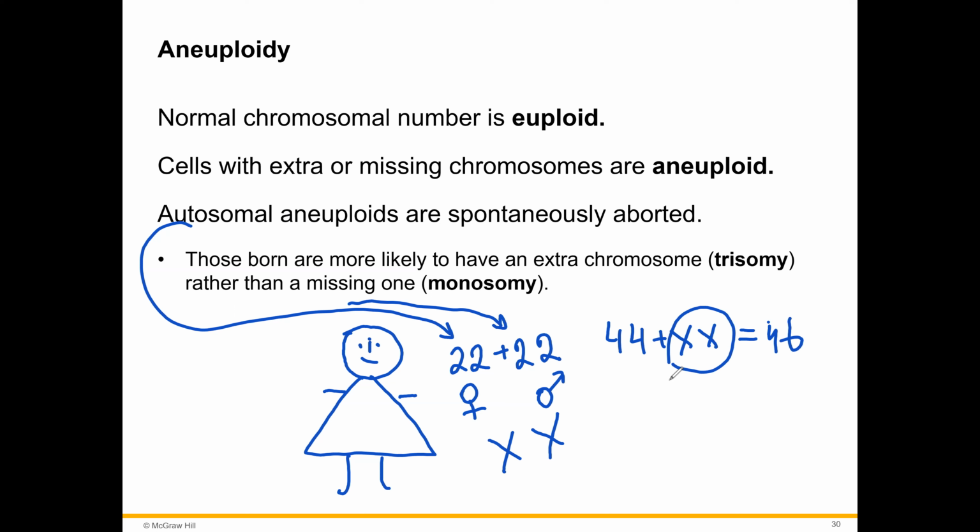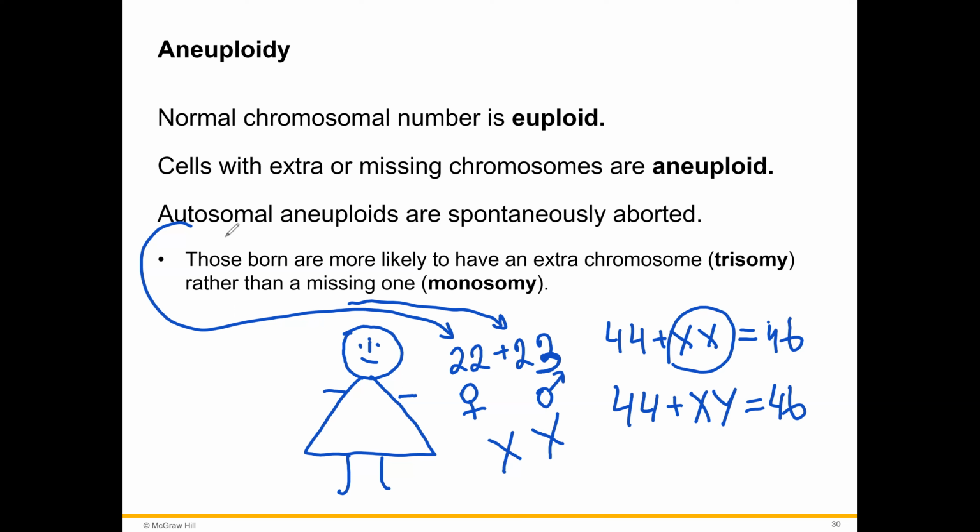So we have 22 pairs of autosomes and 1 pair of sex chromosomes. If this would be a male, we would have 44 plus XY. That also gives you 46, right? So now if we have an extra chromosome somewhere over here, let's say we have 22 plus 23, right?